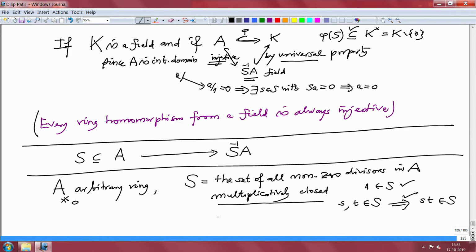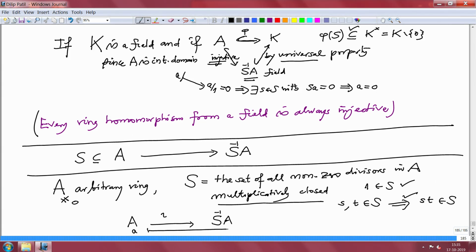Therefore, we can construct this S inverse A, and now we have this map iota, and I claim that in this case this map is actually injective. Because where does A go?